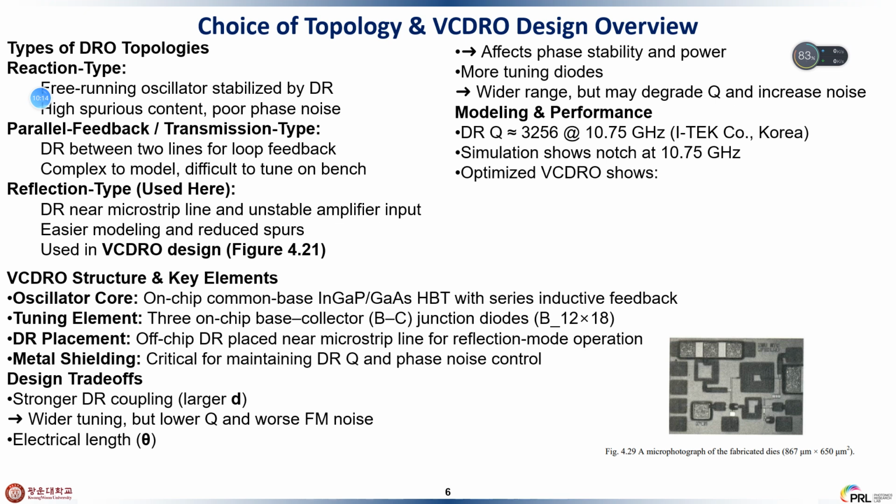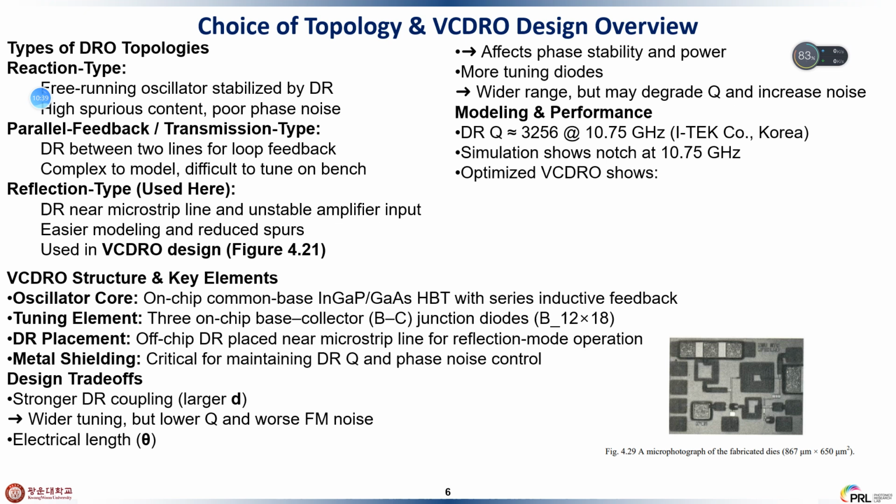For the oscillator core, it's an on-chip common base HBT structure with series inductive feedback. For the tuning element, it has three on-chip base collector junction diodes. For the DR placement, the off-chip DR is placed near the microstrip line for reflection mode operation.